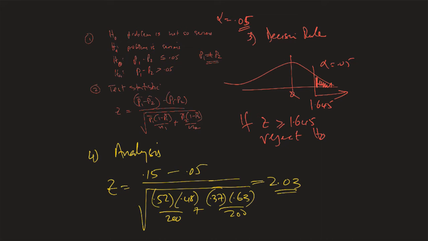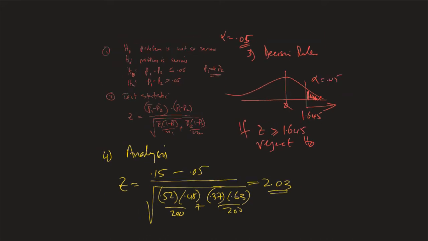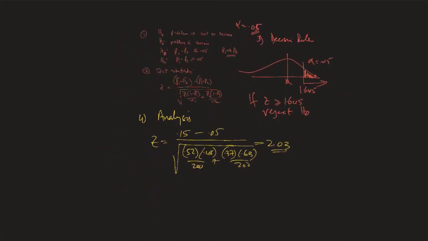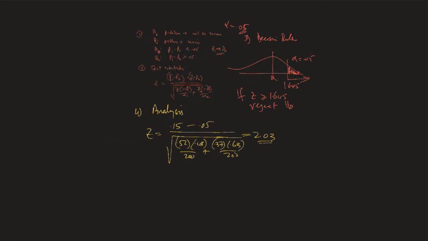And as you could see, that 2.03 is larger than 1.645. Had I used a 1% significance level, it would be 2.33, and it would be my critical value, and then it would not be larger, so I would fail to reject. So let's do the p-value, which is equal to P(Z greater than or equal to 2.03).